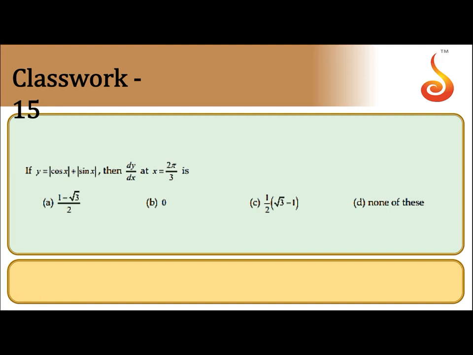Let me take up y equals modulus of cos x plus modulus of sin x. Find dy by dx at x equals 2 pi by 3. Let me evaluate this one.